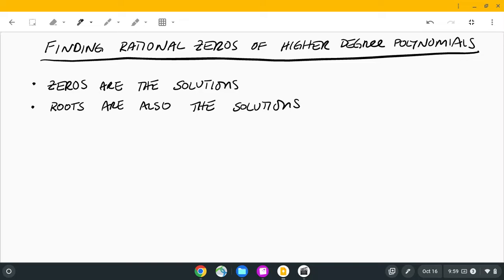We're working up to finding the rational solutions, but we don't just start testing random numbers with synthetic division. We actually pull from a list of very specific numbers. And so what we're taking a look at here is how do we develop that list? Developing the list.